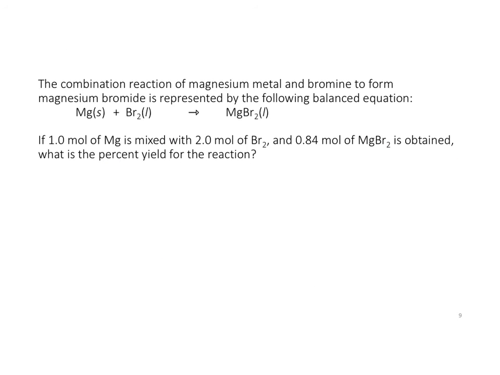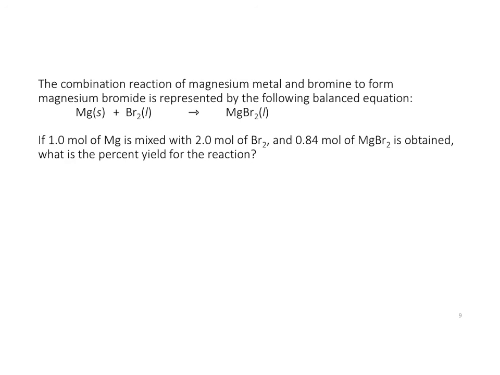All right, so our last problem for these sections: the combination reaction of magnesium with bromine to form magnesium bromide is represented below. Is that balanced? 2 bromine, 1 magnesium? Yes.